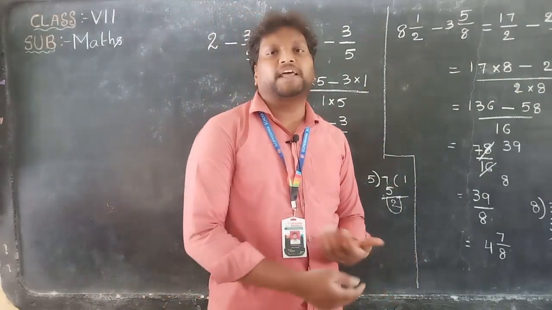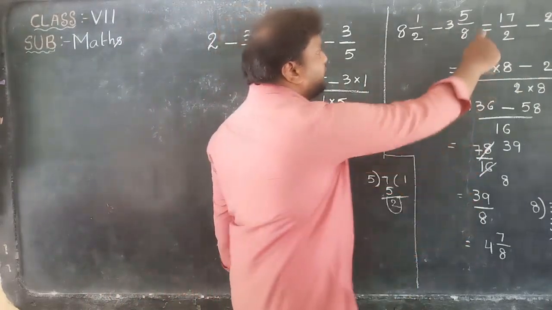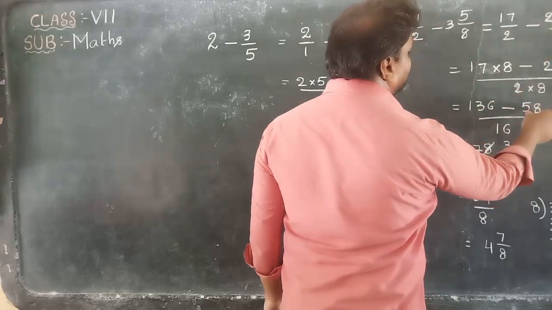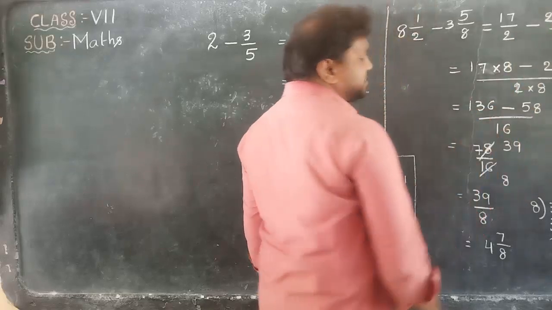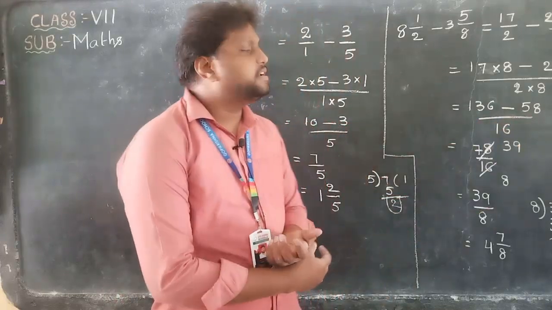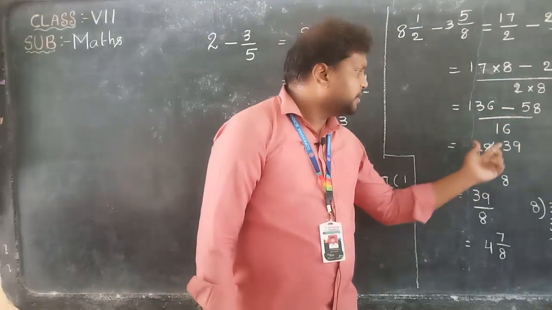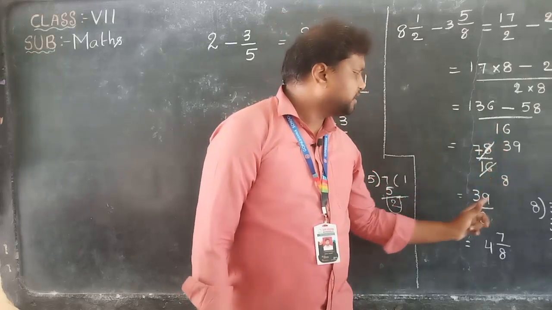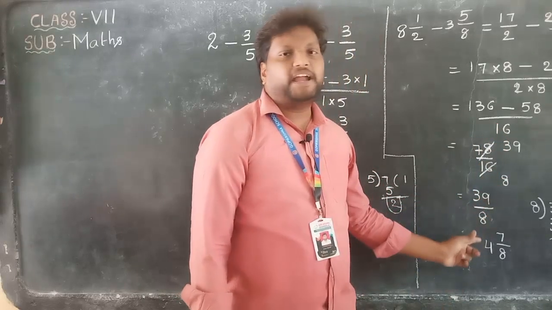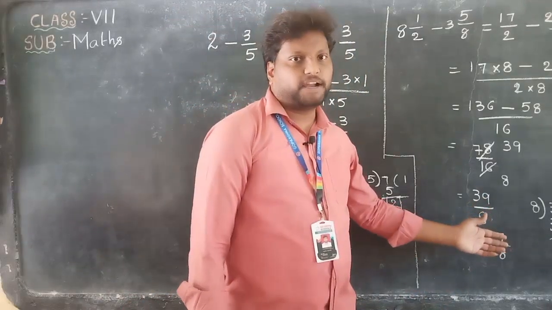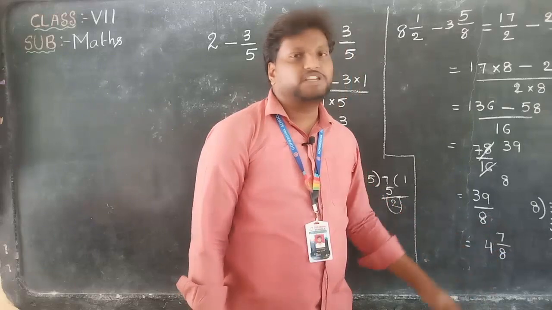Then 17 eights are 136 minus 29 twos are 58, by 2 eights are 16. 136 minus 58 is 78. 78 by 16 can be cancelled by 2, giving 39 by 8, an improper fraction. Again we convert into a mixed fraction, then 4 7 by 8.